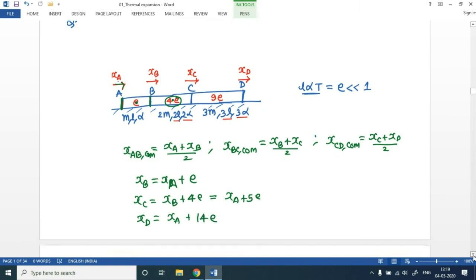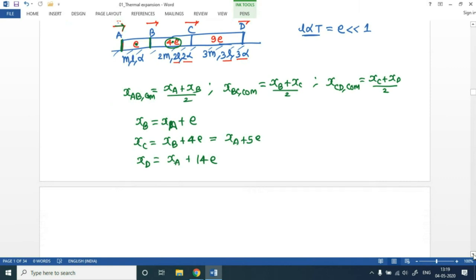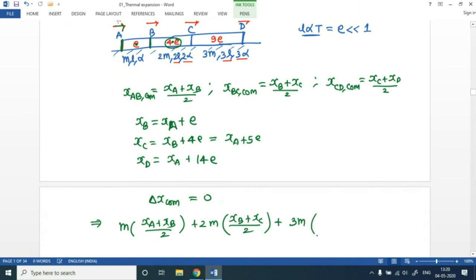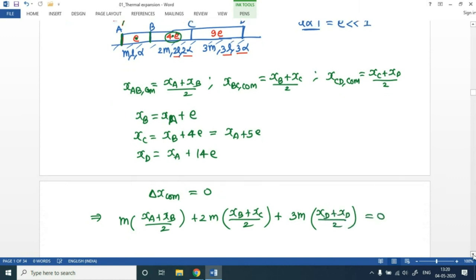So now we are ready to use the concept that the displacement of center of mass of this whole thing is going to be equal to 0. So displacement of center of mass we can write as m1 x1 plus m2 x2 etc. The mass of the first AB part is m, and its center of mass displacement is (XA plus XB) by 2, plus 2m for the second rod with (XB plus XC) by 2, and for the third rod 3m into (XC plus XD) by 2, and that has to be equal to 0.